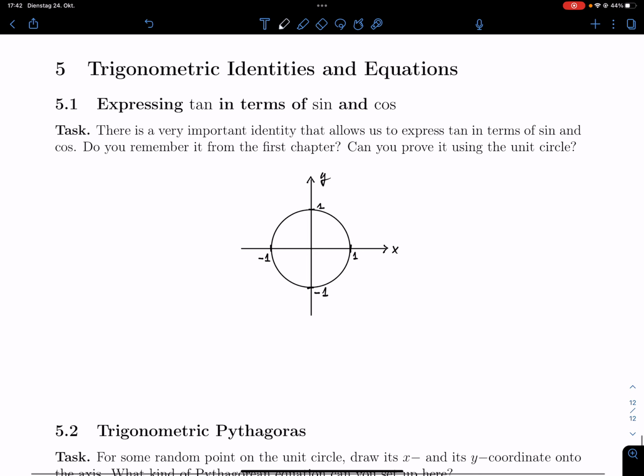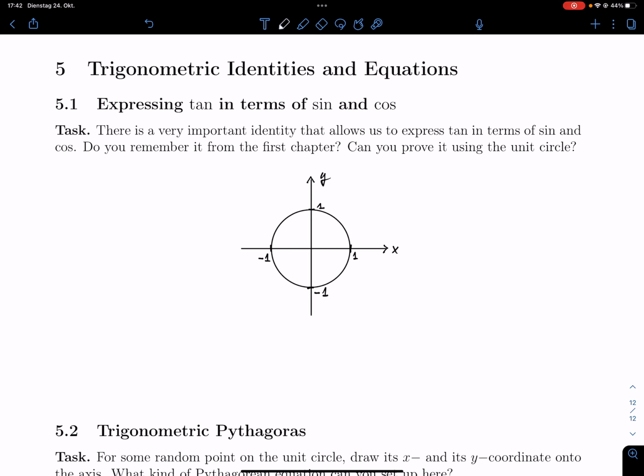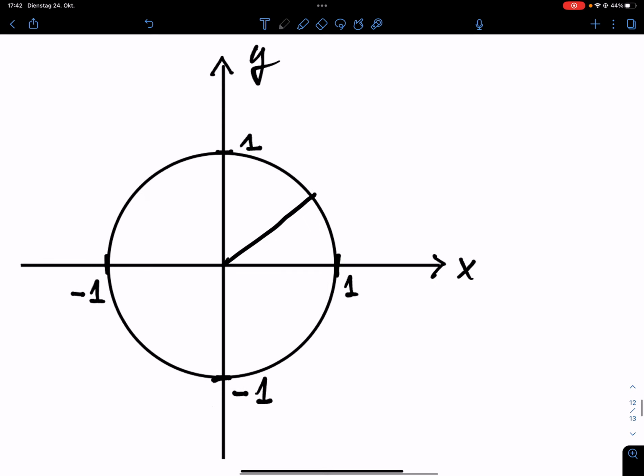Then you have certain trigonometric identities. One we've already discovered at the very beginning, that tangent is sine over cosine. Here what you can do is that if you have your unit circle again, you have your point with the associated angle.